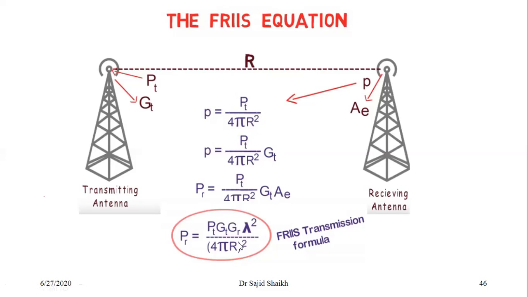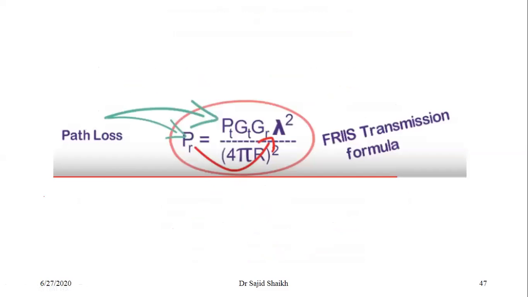So don't get confused about what is r and what is d. It is related to the distance between the transmitting antenna and receiving antenna. Again, we already discussed the path loss, which is the ratio of transmitted power versus received power.